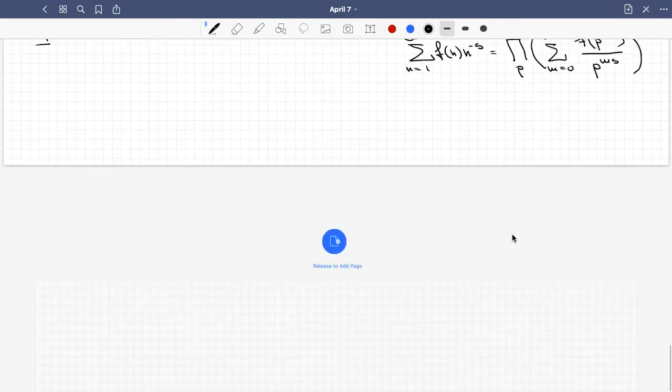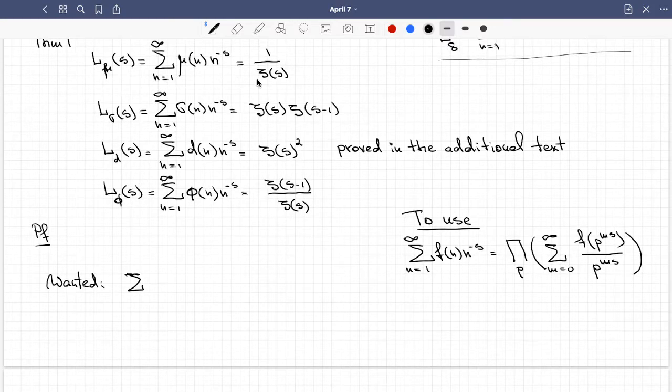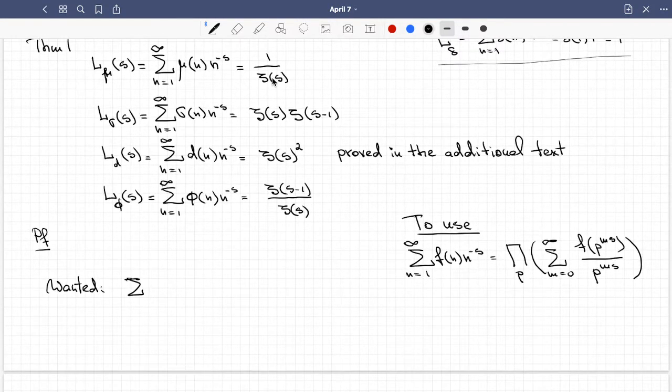So we start with function mu. Let me rewrite it here: the sum from 1 to infinity of mu of n to the minus s equals 1 over zeta of s.